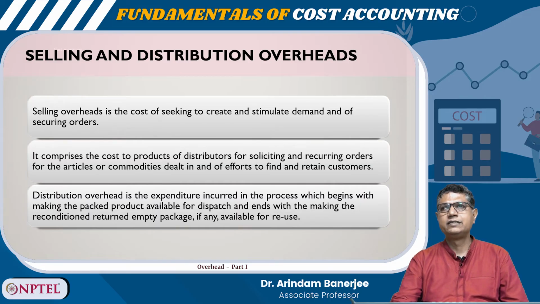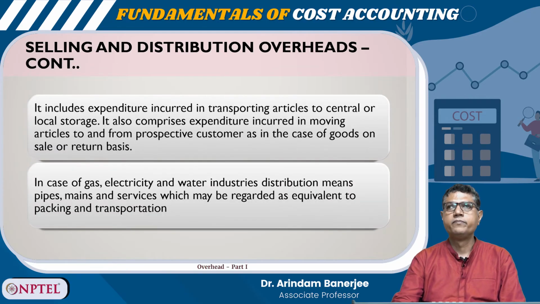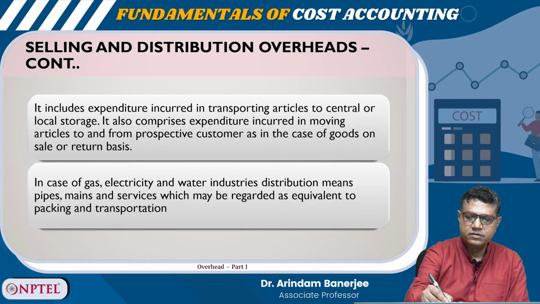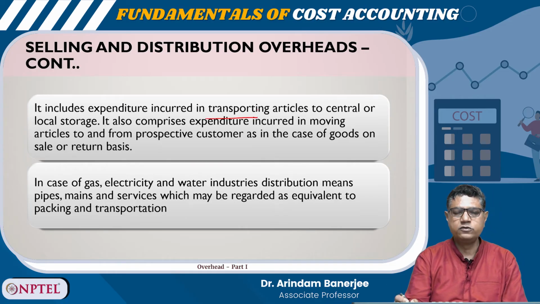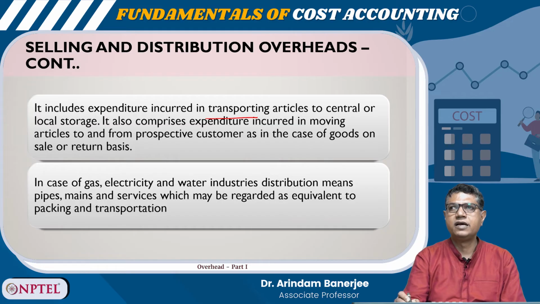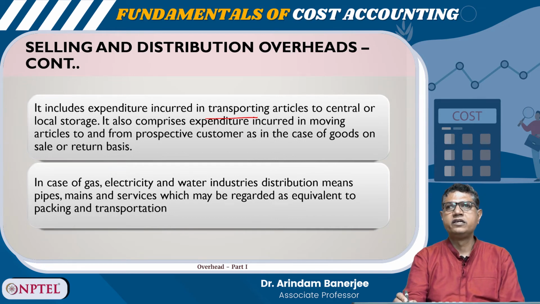So, distribution overhead is the expenditure incurred in the process which begins with making the packed product available for dispatch and ends with making the reconditioned, returned empty package, if any, available for reuse. Selling and distribution overhead includes expenditure incurred in transporting articles to different storehouses, in moving articles to and from prospective customers, as in the case of goods on sale or return basis.